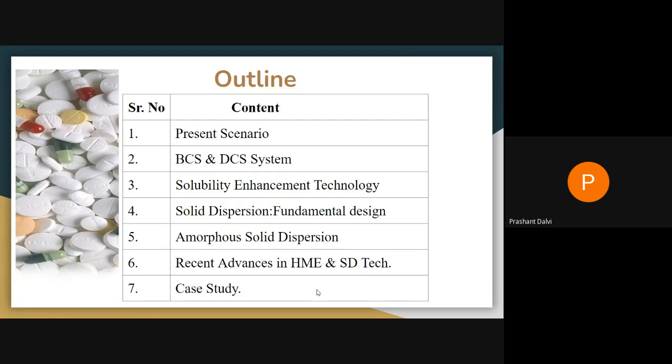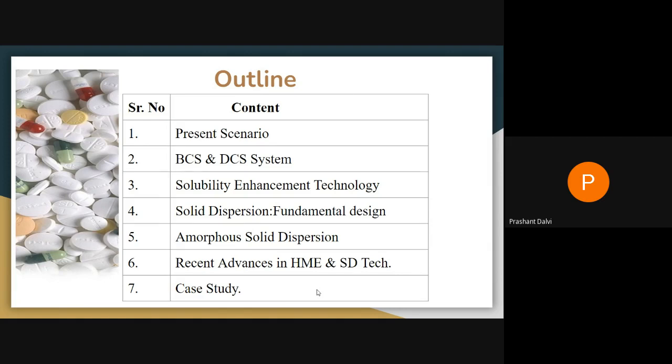Then I will focus on the most important solid dispersion technique, that is amorphous solid dispersion, and then I will take you through the recent advancement in HME and SD techniques, that is hot melt extrusion and spray drying solid dispersion techniques, and then after that we'll discuss a case study of the solid dispersion. So this is the outline of the presentation.